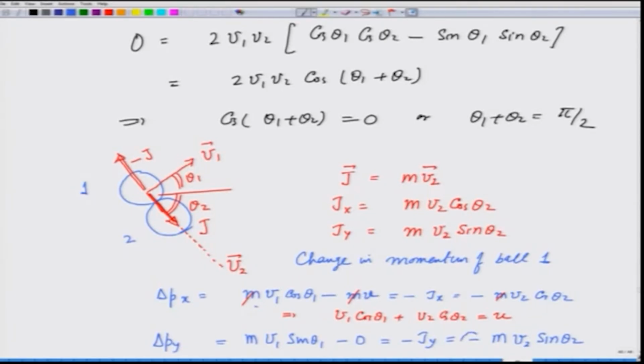This sign problem is coming because again I am taking V1 and V2 to be in the same direction, but that is not a problem. So, what you see here is that this equation of momentum conservation actually comes from Newton's third law, where the J are acting in equal and opposite way on the two balls.